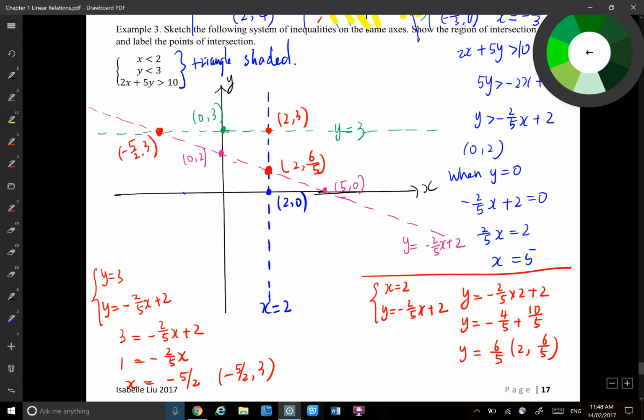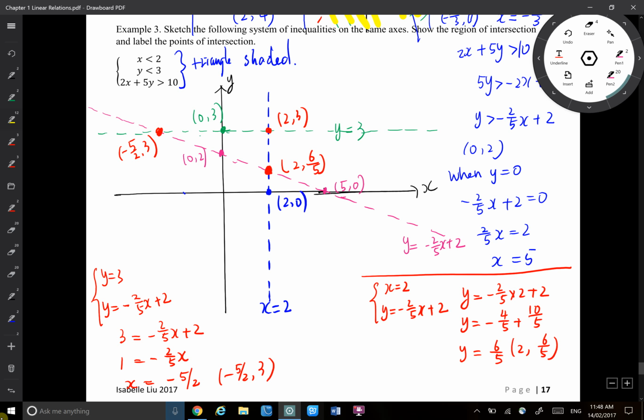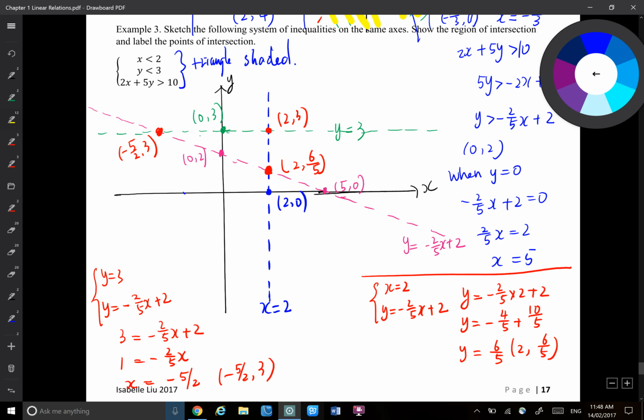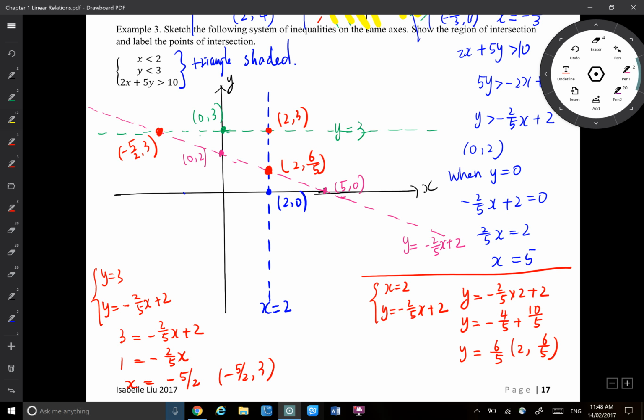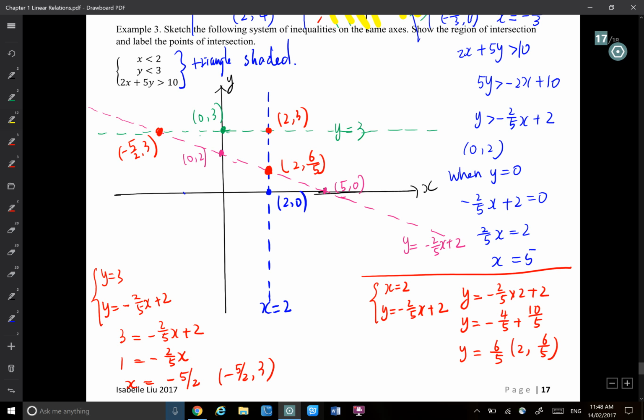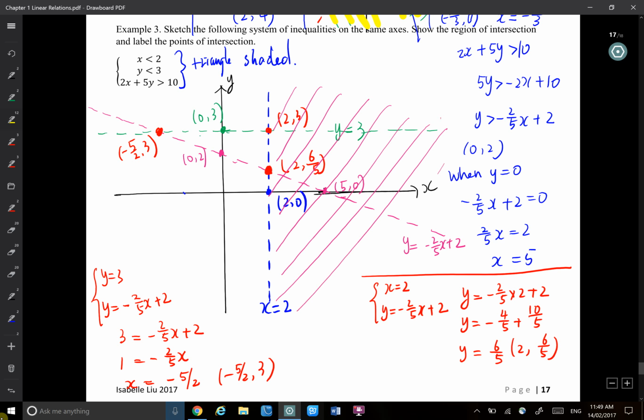I'll change to this purple color to shade off the region. So, okay, for the first one, x smaller than 2. Look at the blue line. I want x smaller than 2, so I don't want x greater than 2. So I don't want here. I will shade off this part. That's not the part I want.